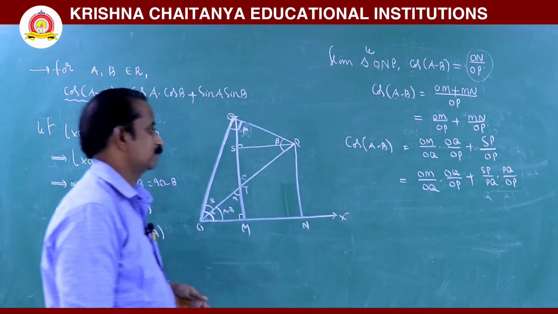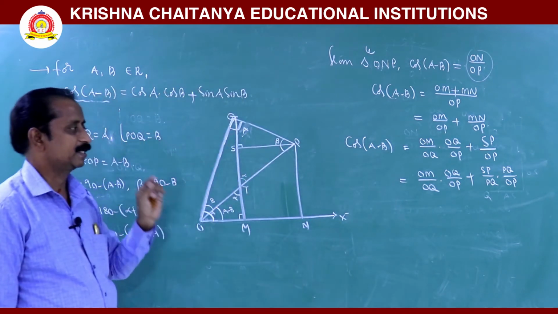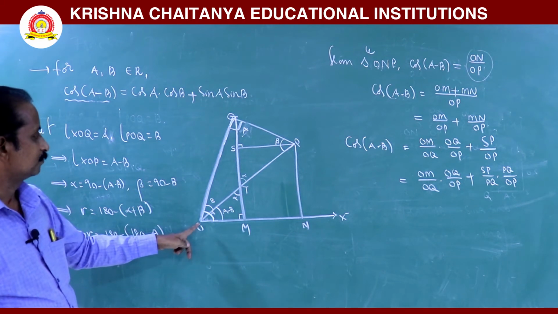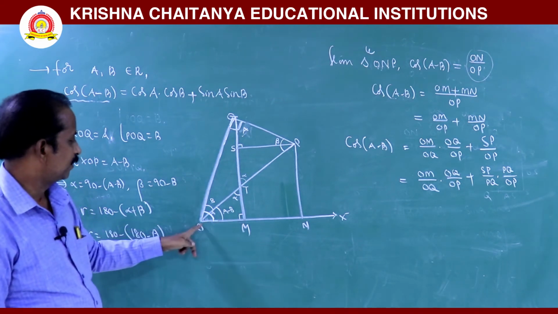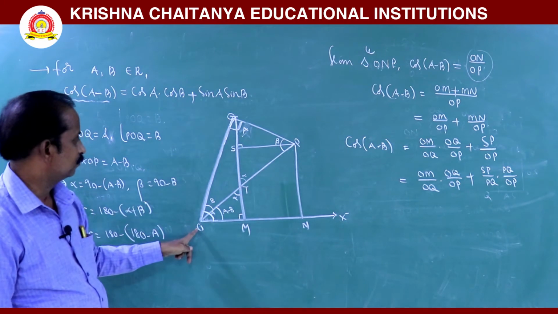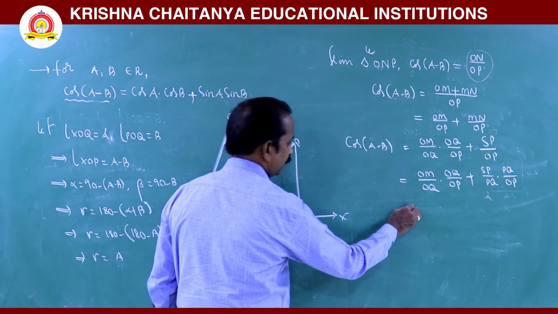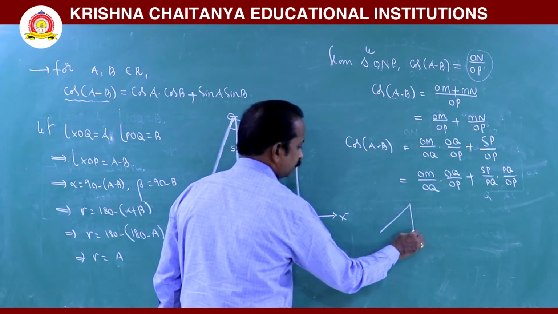OM by OQ, the ratio can be taken from which triangle? OM by OQ means triangle OMQ. So here is the triangle OMQ.